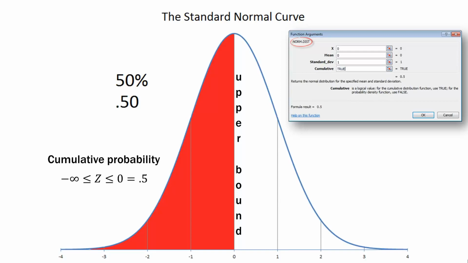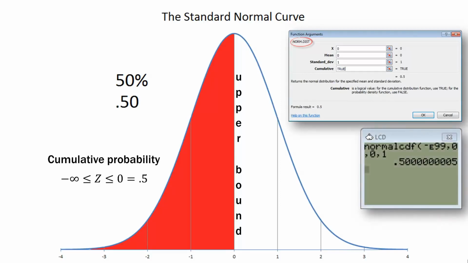So we can use the norm dist function in Excel to give us the cumulative probability in any part of the normal curve. Now in the TI-83, which is the calculator I use, you can do the same thing. There's a function called normal CDF under the distribution menu, which is under the vars button. It's one of the top few there. The C just means cumulative in that function.